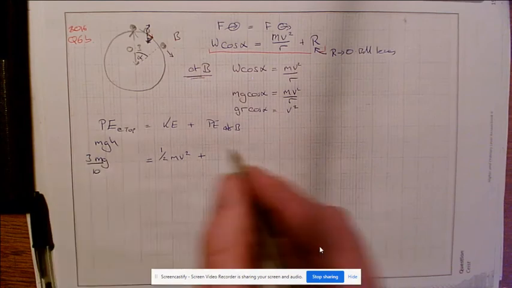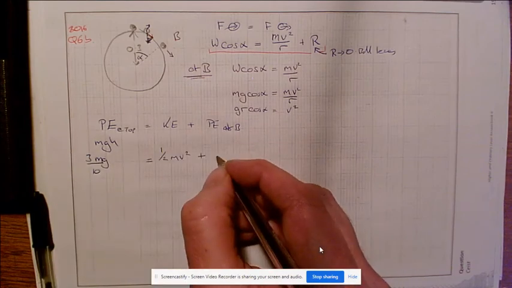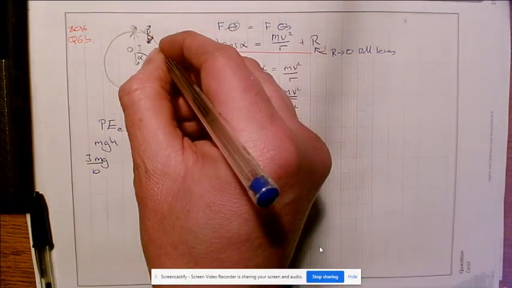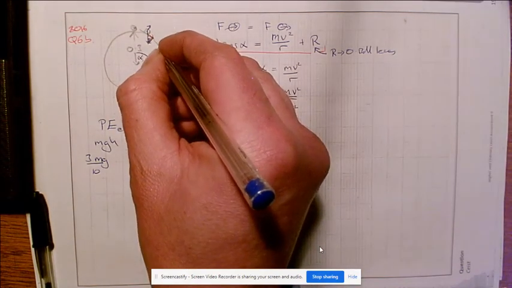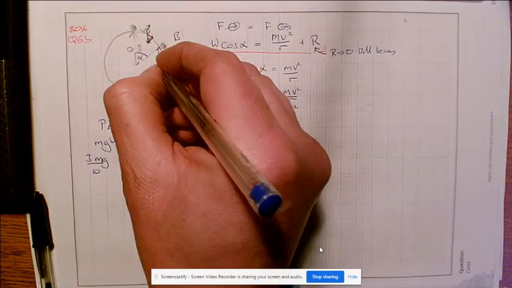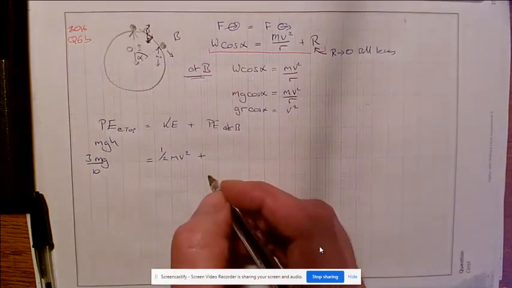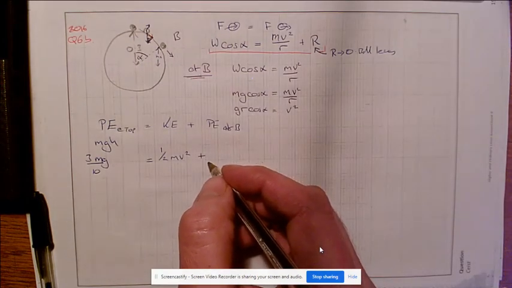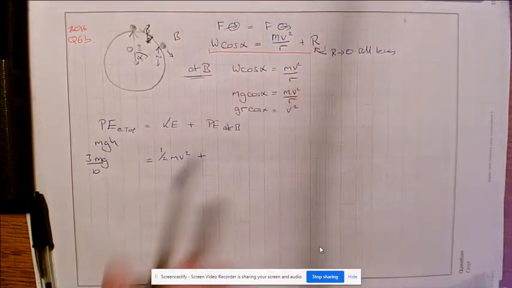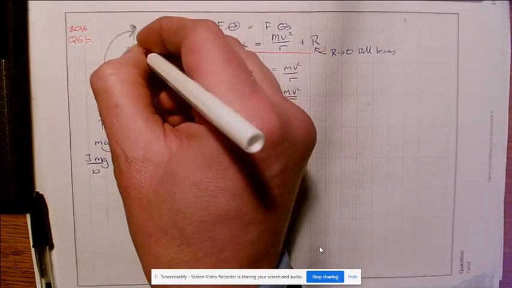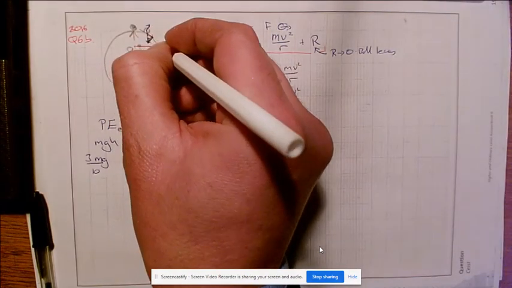Again, it's mgh. This time the h is this height here. This is h2, or later, hb. So you can see that while I have an angle of this, the triangle I'm really making is here.